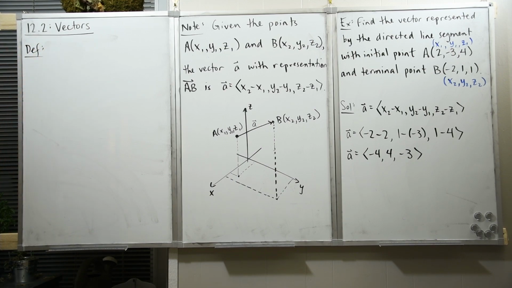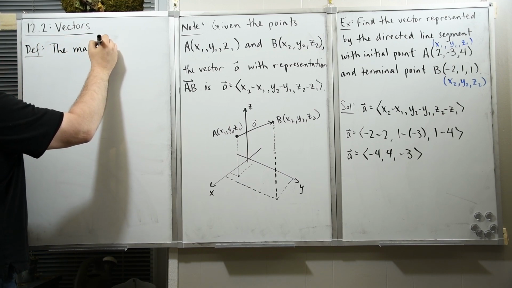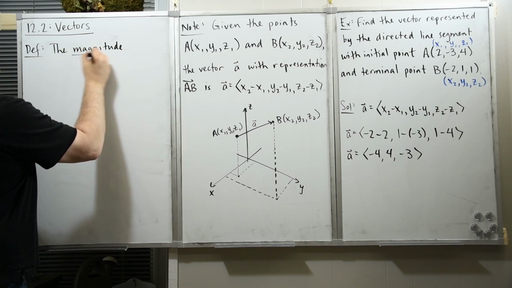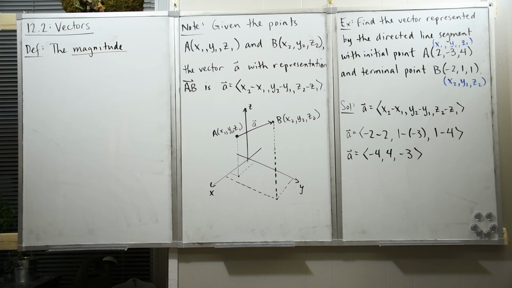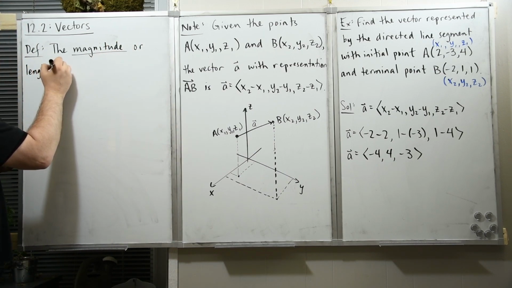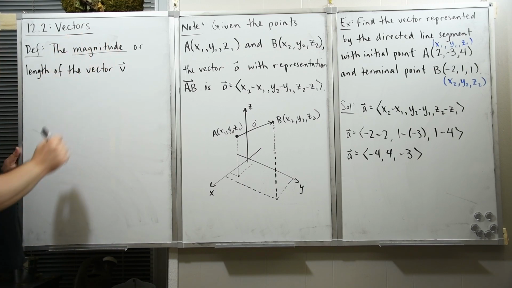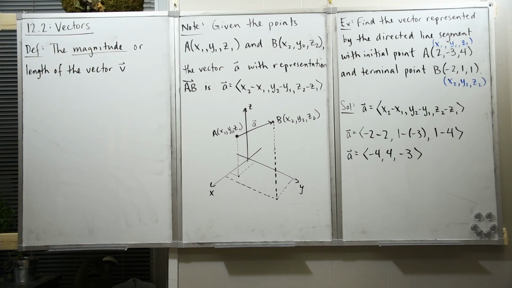Now this next definition is of the magnitude. Now I've already used that word in this video, but the magnitude of a vector is just the length of the vector. So the magnitude or length of vector v is the length of any of its representations.